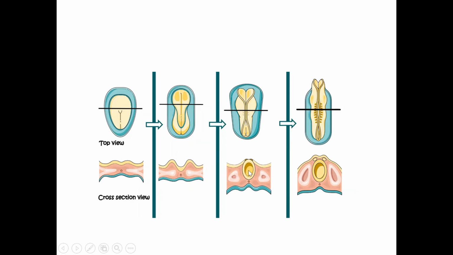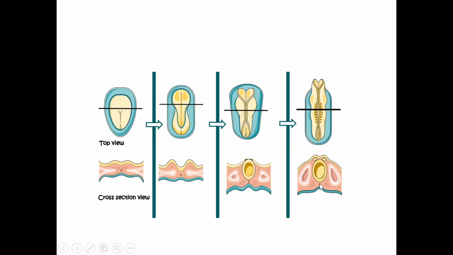In front of this tube, there is another structure called the notochord. This neural tube leads to the formation of the spinal cord, which is the nervous tissue that runs from one end of the vertebral column to the other, and on the top it forms the brain.